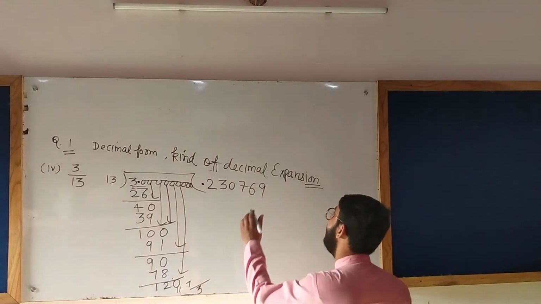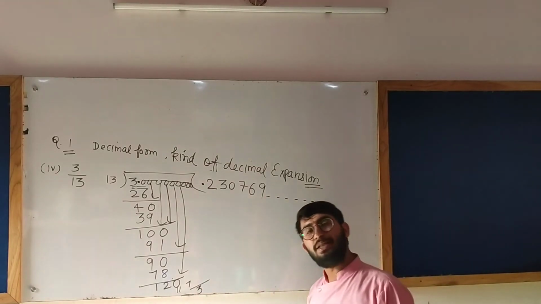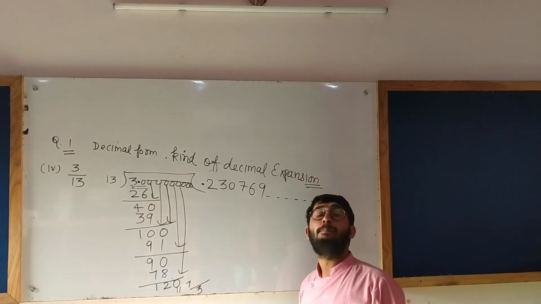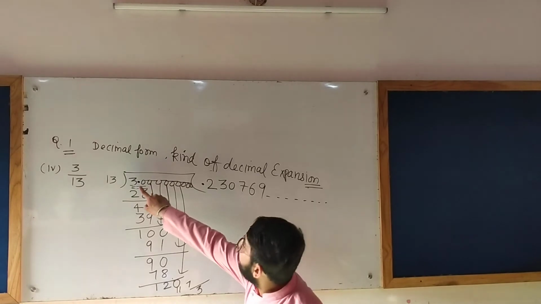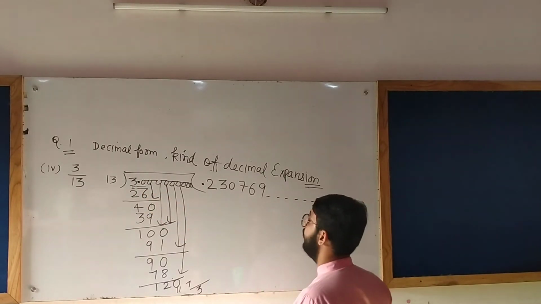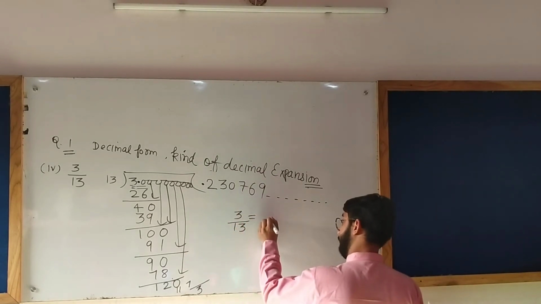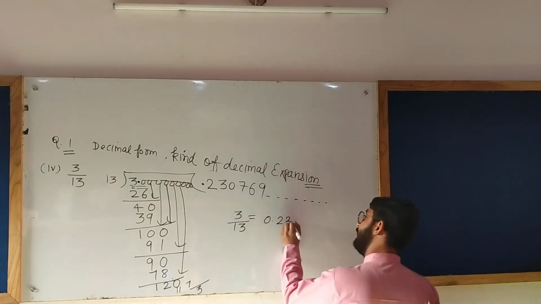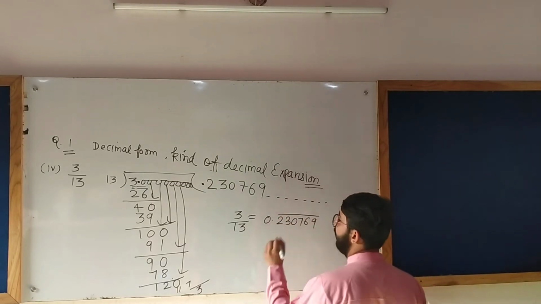So, you can say that the decimal expansion is what? Decimal expansion is non-terminating but repeating. Why? Because the dividend and the remainder what? Coincide. Okay. So you can write 3 by 13 equals to what? 0.230769 with what on these digits? Bar.